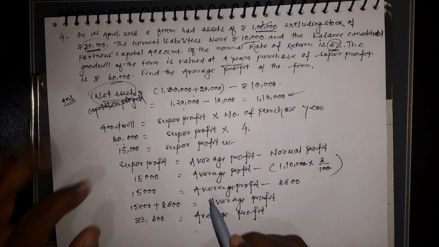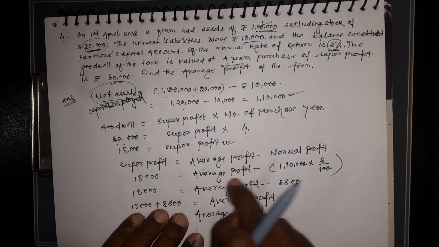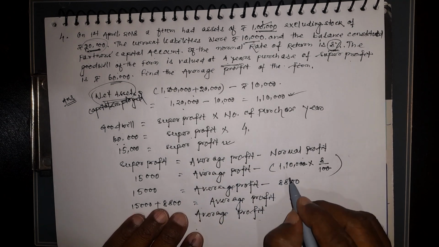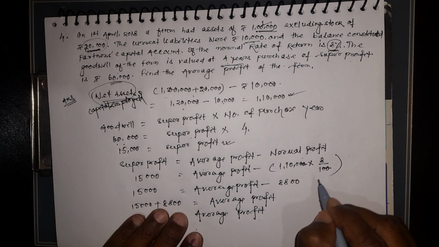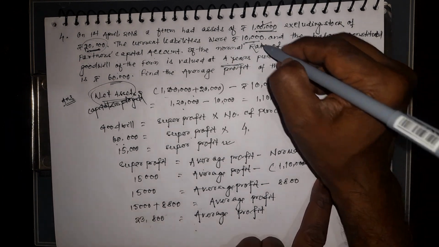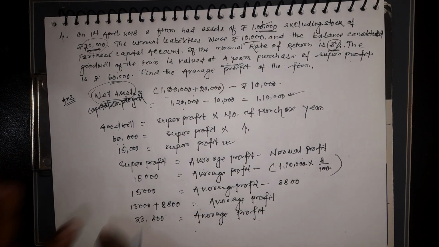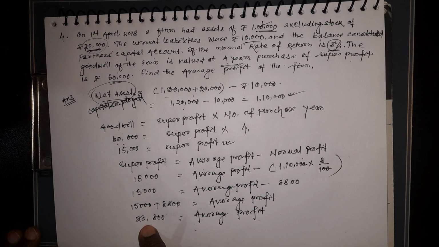In the place of super profit you write 15,000. Average profit is not known, so it will be written as average profit. Normal profit is capital employed into normal rate of return by 100. The normal rate of return is given as 8%, so it will be 8,800. Here it is minus, so it will be plus on this side. So the average profit is 23,800.